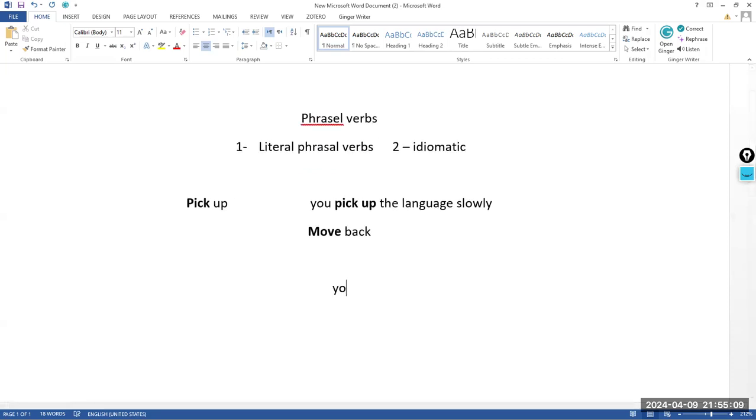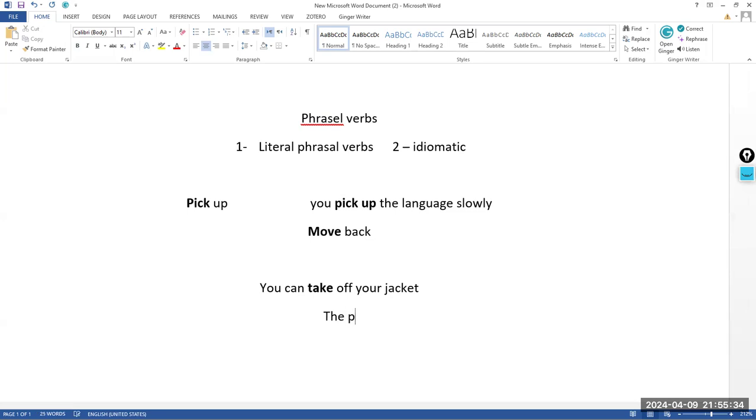Another example, and please listen to me. If I want to say, you can take off your jacket, what does this sentence mean? Take off your jacket. Bravo. So I knew it because we have the verb take. This is a literal phrasal verb. But take a look at this example.